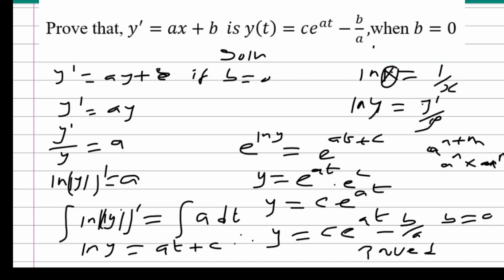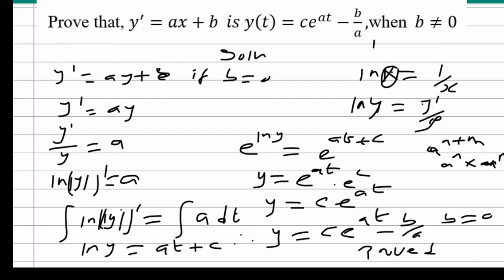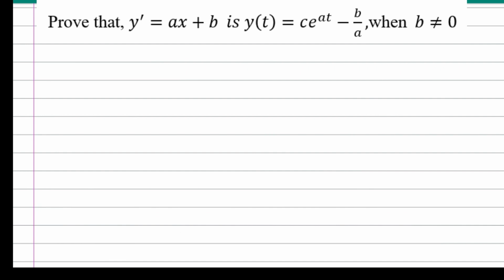The next example says that when b is not equal to 0, so if I have y prime equal to ay plus b, when b is not equal to 0, therefore b cannot be eliminated, so I make sure that I factorize a out of the right hand side.